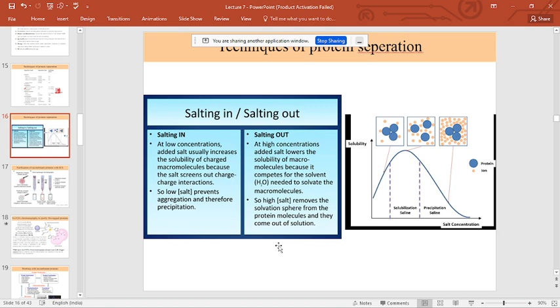But then when there is too much salt, all the salt ions are now interacting with the water molecules and the proteins are left behind. All the hydrophobic regions of the protein interact with one another and there is aggregation. So this is called salting in, and this is salting out, right?